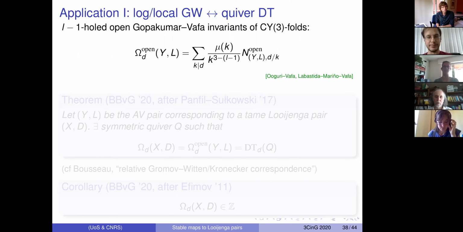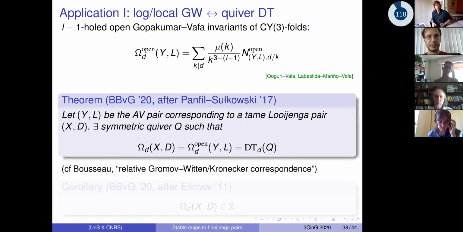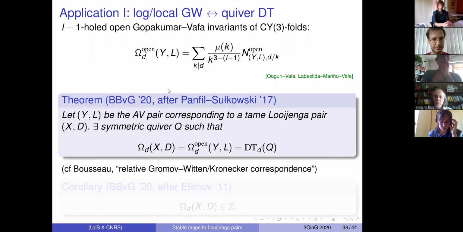So the proof of the log local principle has already one benefit that can be reaped as follows. Since the Gromov-Witten invariants are the same, the BPS invariants are the same if Y, L is a Lagrangian-Vafa pair corresponding to a tame Looijenga pair. And there's a surprising connection relating open Gromov-Witten invariants of toric Calabi-Yau threefolds with Lagrangian-Vafa branes to Donaldson-Thomas invariants of symmetric quivers.